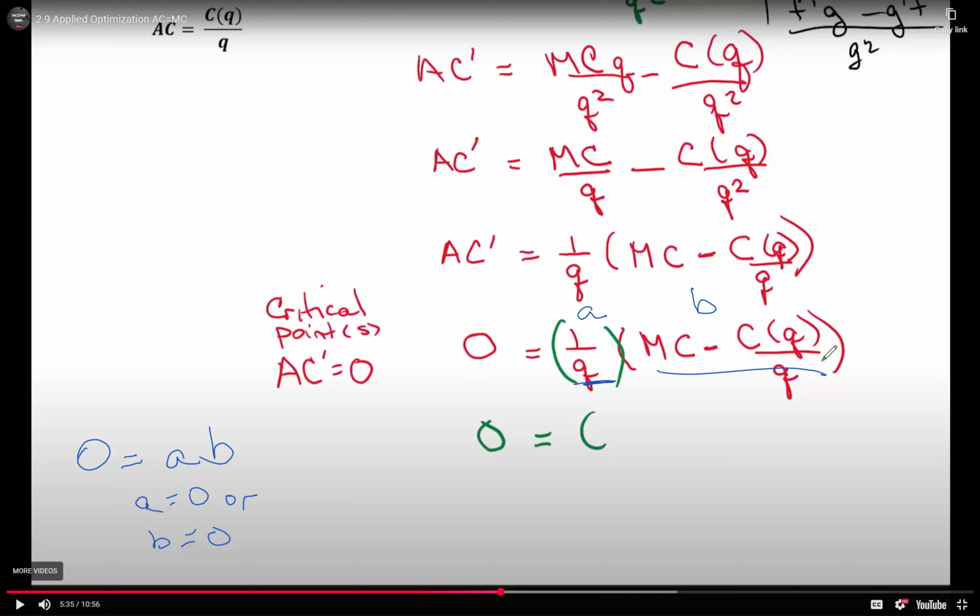So I'm saying, can 1 over Q equal 0? Because that would be A equals 0. What value of Q can I use to make that equal to 0? If Q is 0, then 1 over Q is 0?